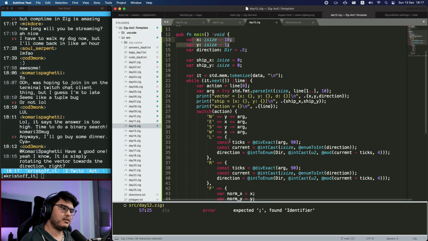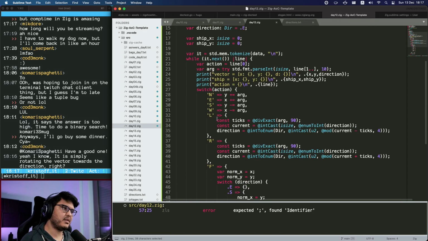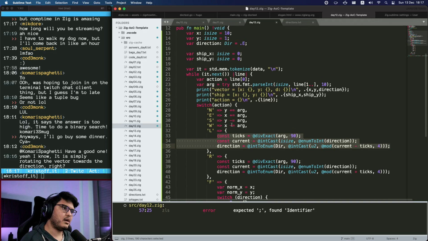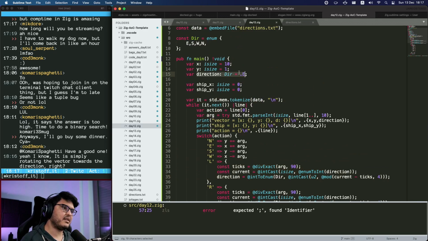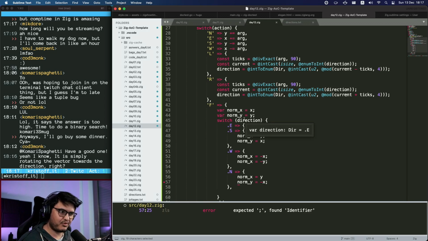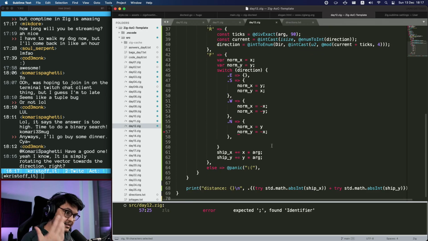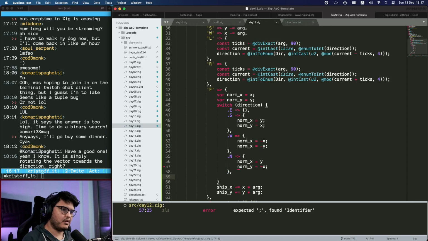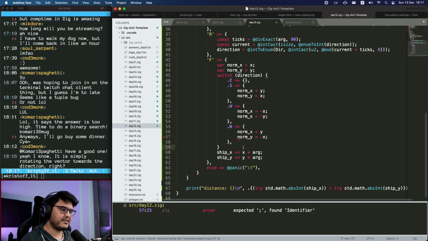Maybe I should not have been lazy and kept direction as a separate property. Maybe I should have baked in the direction in here and made this a proper vector. When I was saying in the beginning, I'm not a game programmer, and actually game programmers probably know how to do this the right way. And here I'm basically working around me not knowing how to write these things elegantly. So yeah, I'm just rotating the vector.